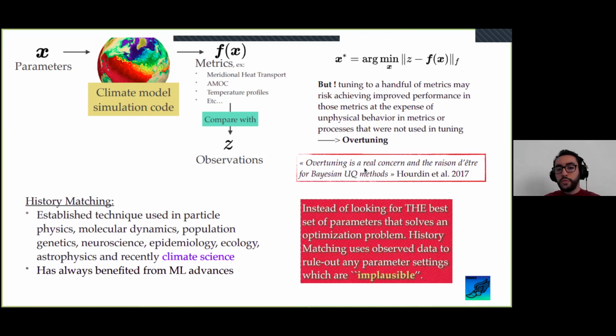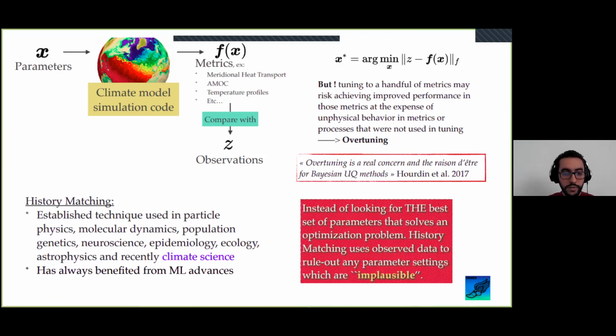They say that overtuning is a real concern and the raison d'être for Bayesian UQ methods. UQ stands for Uncertainty Quantification. So history matching is actually one of the techniques coming from these Bayesian uncertainty quantification methods. It is a surprisingly established technique used in a lot of fields like particle physics, molecular dynamics, etc., especially epidemiology.